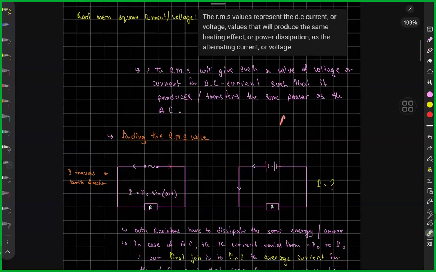You have an alternating current, and you have the expression I is equal to I naught sine omega t. So this varying current varies as a function of sine.